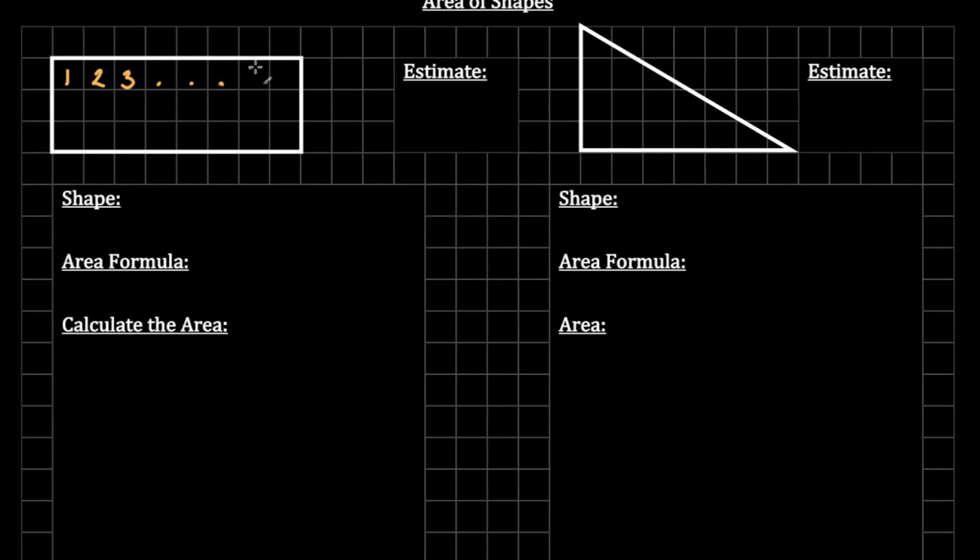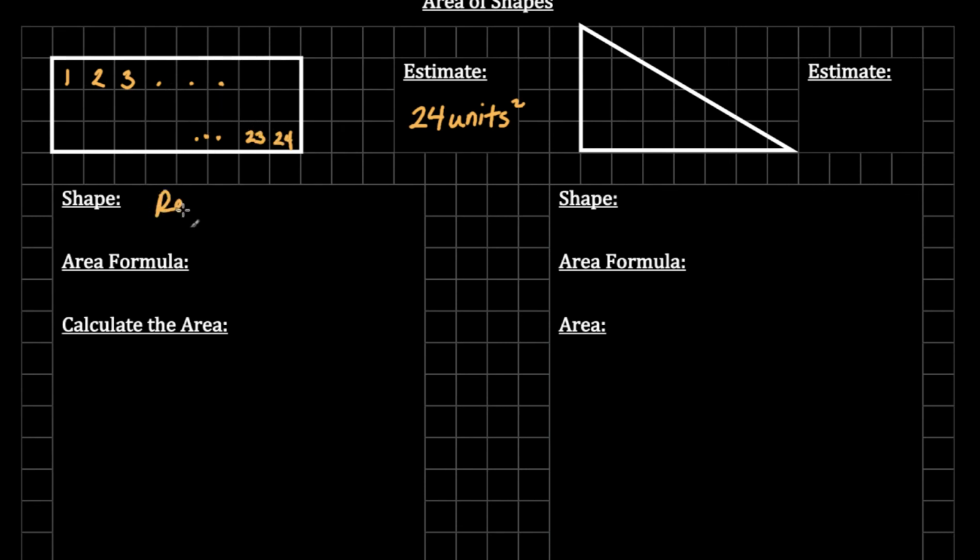So the area is 24 square units, and we represent this by saying units squared. That means it takes 24 squares to cover this shape.